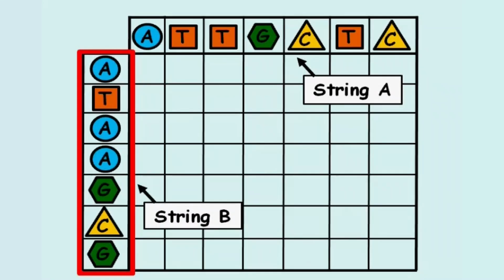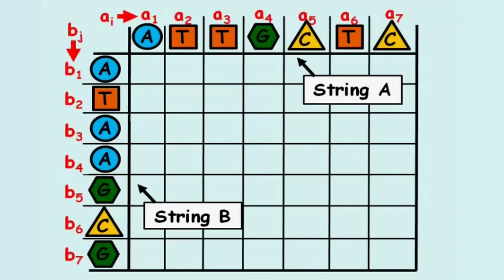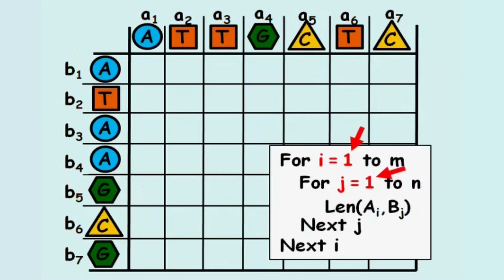Also, keep in mind our designations for each base Ai and Bj. We'll begin the algorithm by assigning variable i equal to 1 and variable j equal to 1.